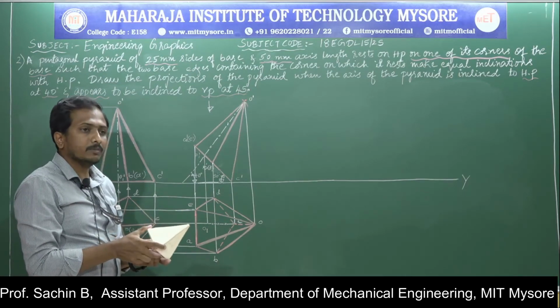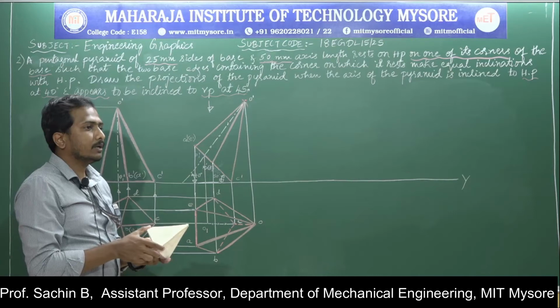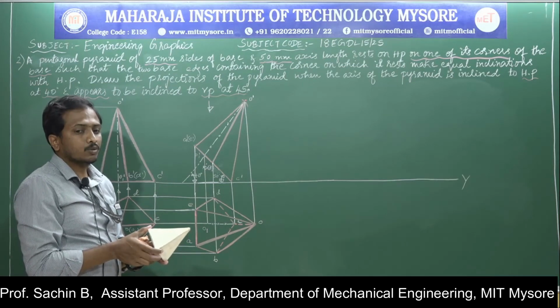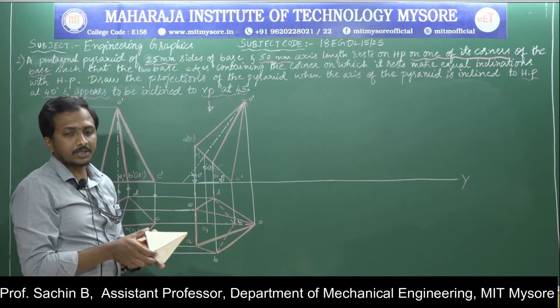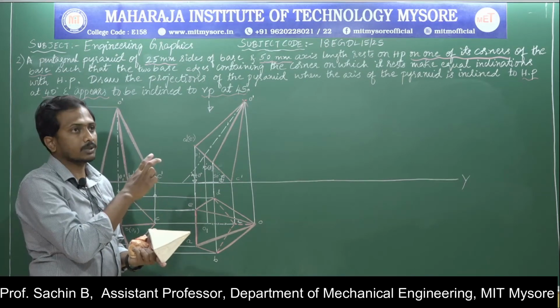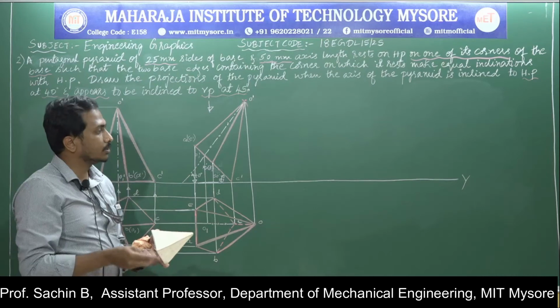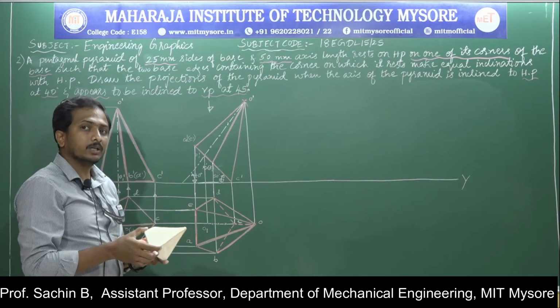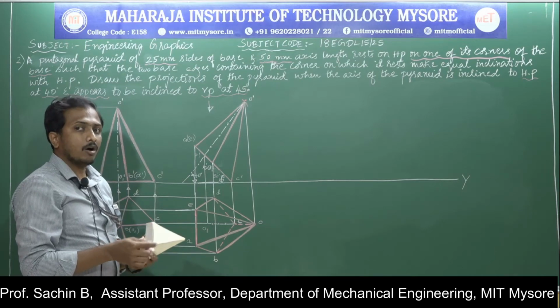This problem purely belongs to the axis condition, but in the problem they gave appears to be inclined, which means the true length of the axis changes from the first position to the second position, but in the last position the true length will change, but they have already given the apparent inclination of the object.